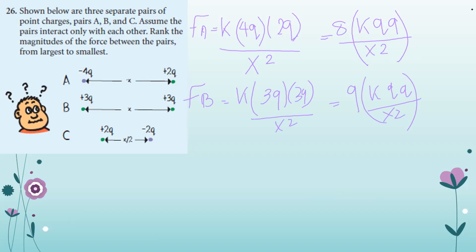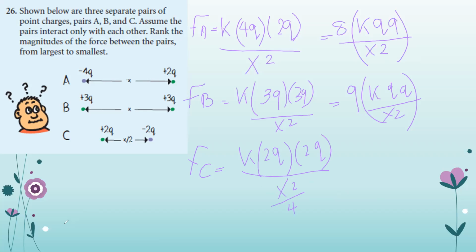Let's talk about F at C now. We have K, 2Q times 2Q over (X over 2) squared. This (X over 2) squared can be written as X squared over 4. Is it right? Yes, teacher.